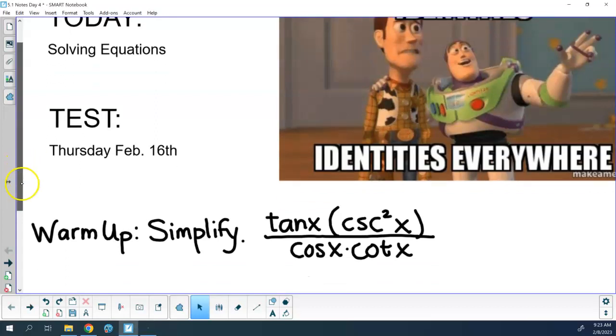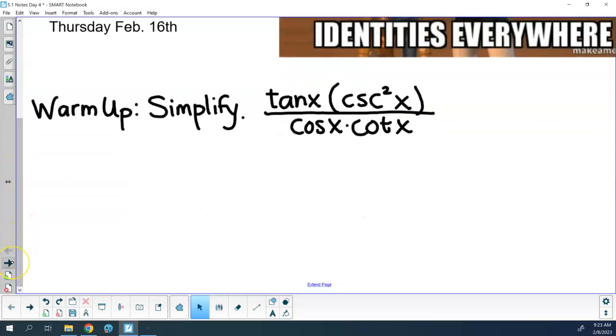So if I'm going to be simplifying here, tangent cosecant squared over cosine cotangent, one thing we noticed yesterday, and this wasn't just me noticing it, all three of us noticed it when we were correcting our formatives, was the fact that if you're going to take just one part of the expression, you still have to have all the parts with it.